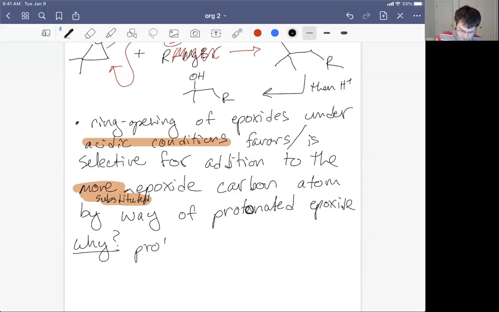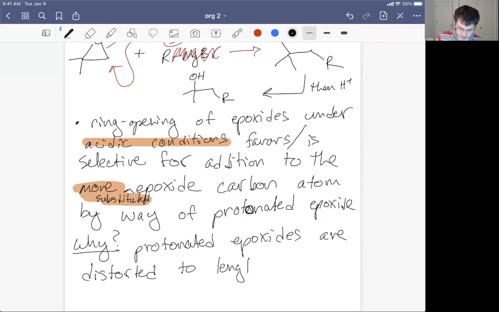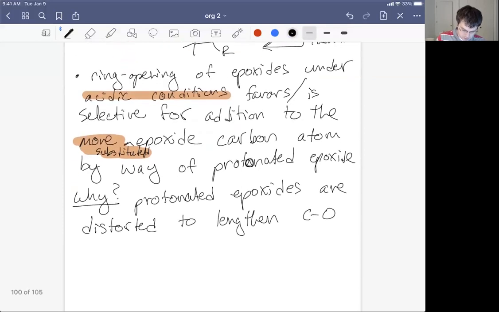Protonated epoxides are distorted to lengthen the C-O bond at the more substituted carbon.